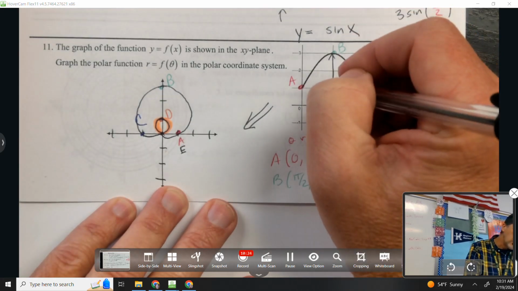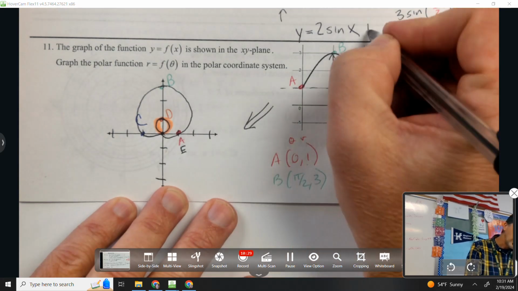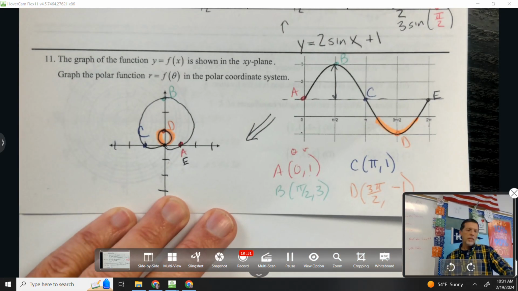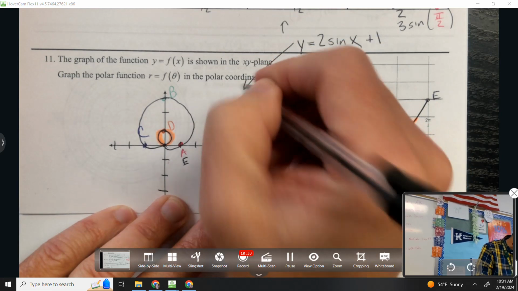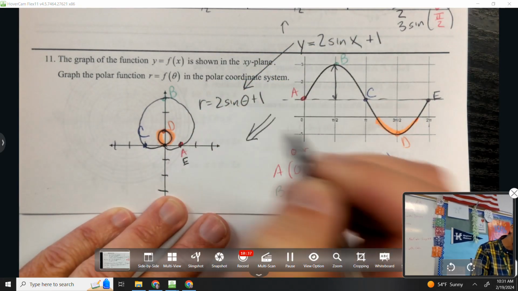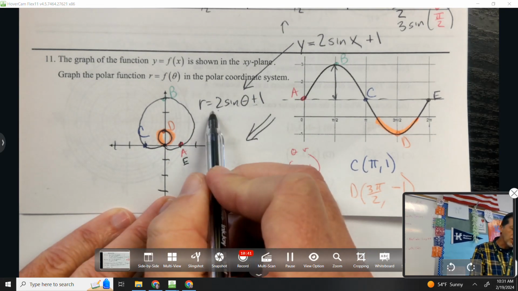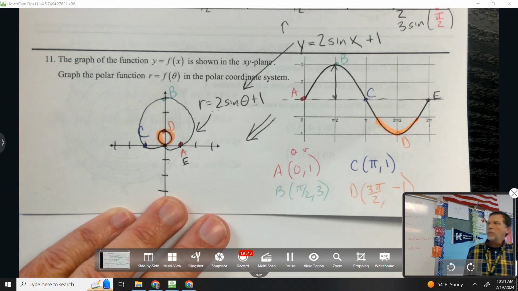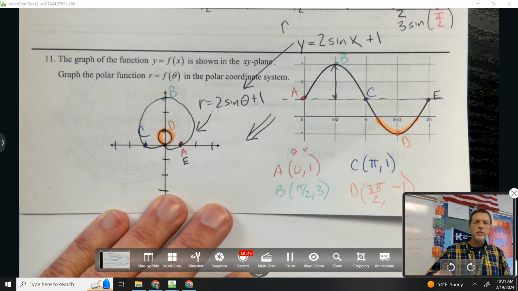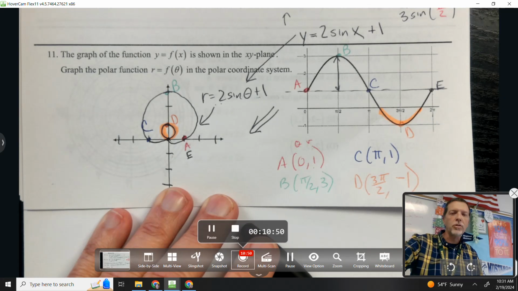Amplitude is 2. And the shift is up 1. Well, if I replace that with polar stuff, 2 sine theta plus 1. So the loop part's bigger than the circle part. It's a limacon. Maybe graph it that way. So if you're good with equations, do it the equation way. If not, do it by points.